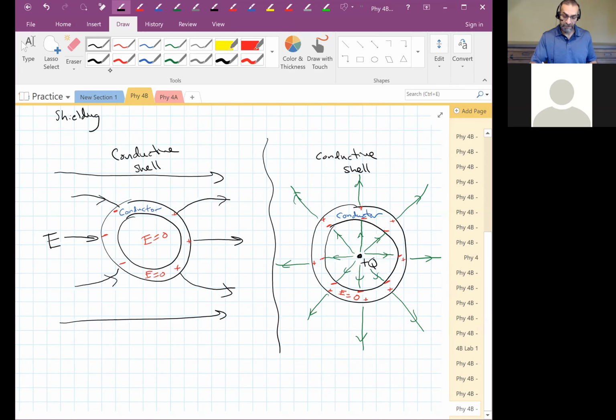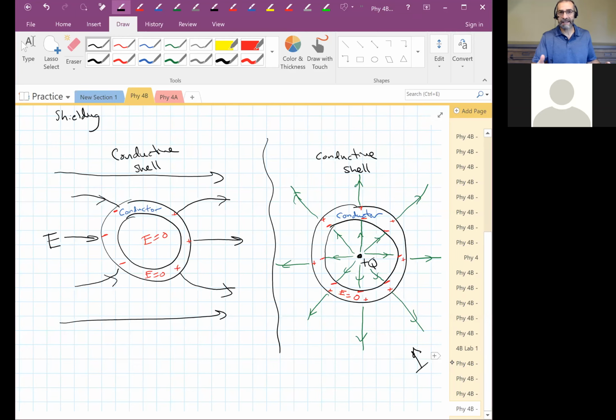So if you're standing outside, looking in, what does it look like to you? It looks like plus Q at the center there. You can't even tell that there's a conductive shell around it.